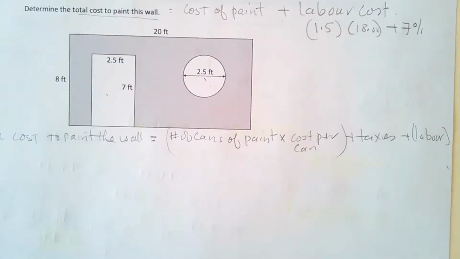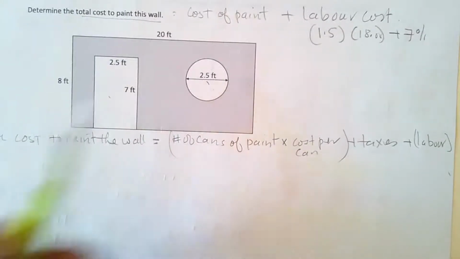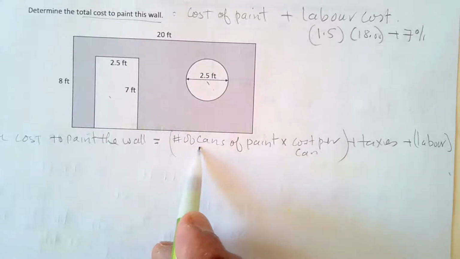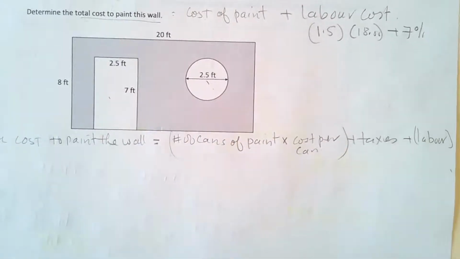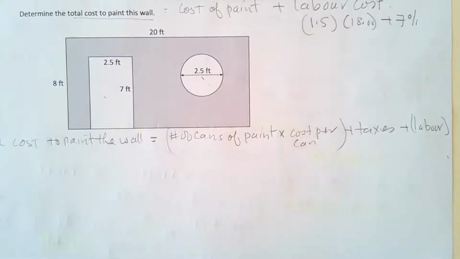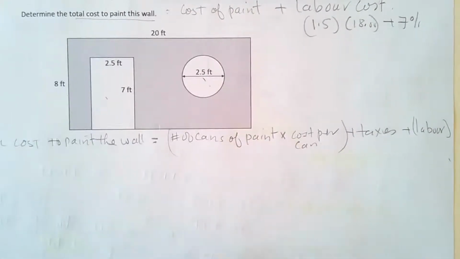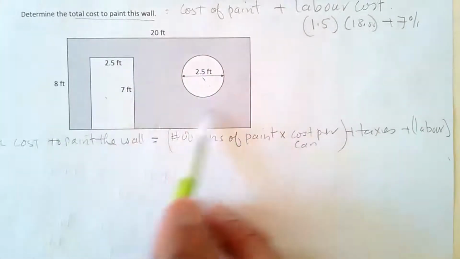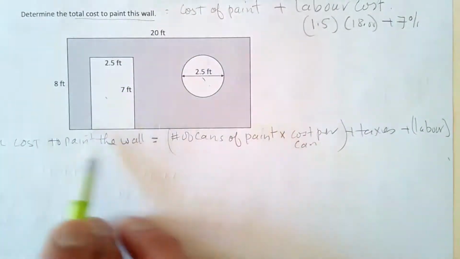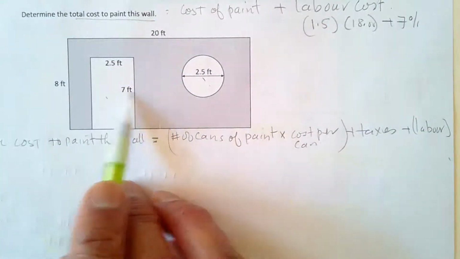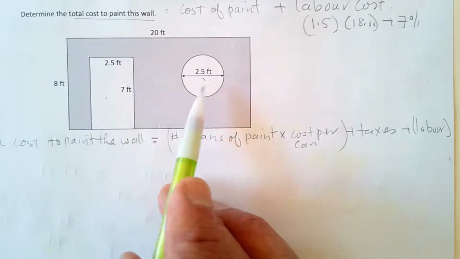Now, the area to be painted. The number of cans of paint will be the area to be painted times 2, because we're doing it twice, divided by 200. So we need to find the area to be painted by finding the area of the wall, then subtracting the door and the window.